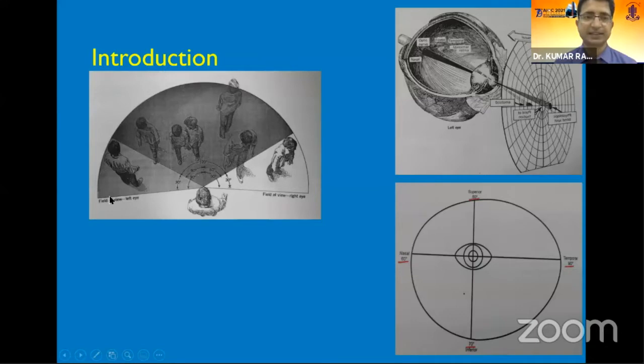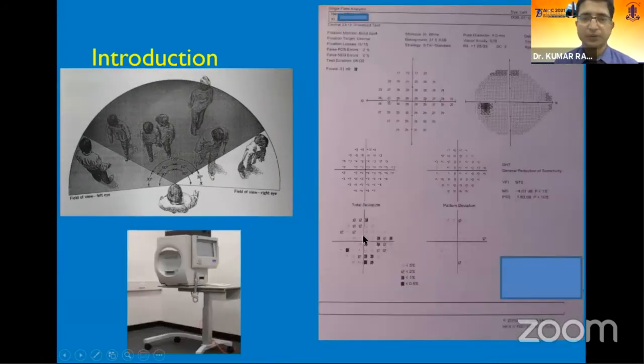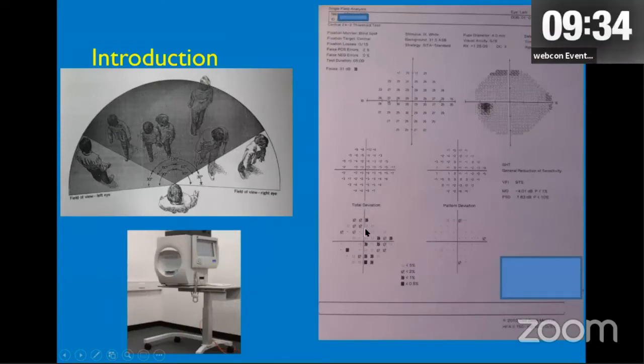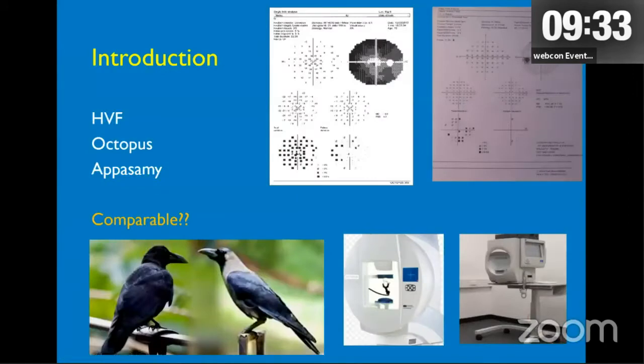So this is the view that we have with both our eyes. And this is the area that we usually see with our single eye. And when we put it on 2 dimensions with the help of this machine, this is the kind of report that we get, the perimeter report.